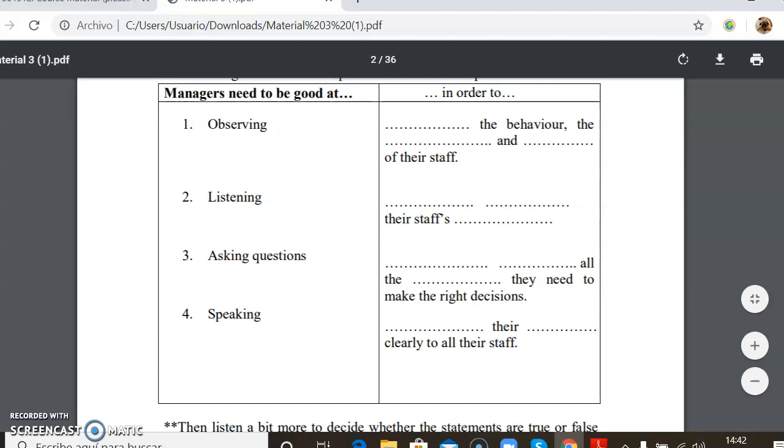The second thing, I think, is that they need to be very good at listening so they can learn about their staff's problems. The next thing that is very important for them to be good at is asking questions so they can find out all the information they need to make the right decisions. And last of all, I think they have to be very good at speaking so they can communicate their objectives clearly to all their staff.